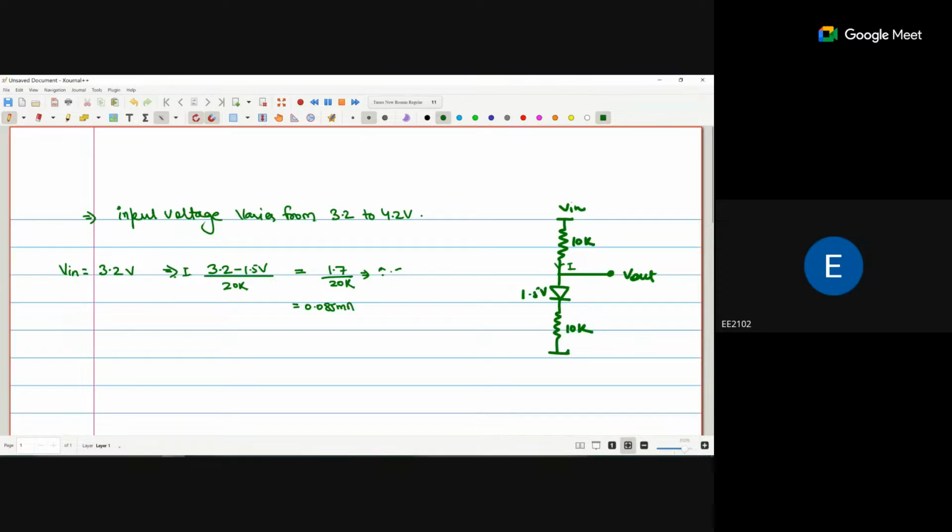0.085 milliamps, or we can say 85 microampere.